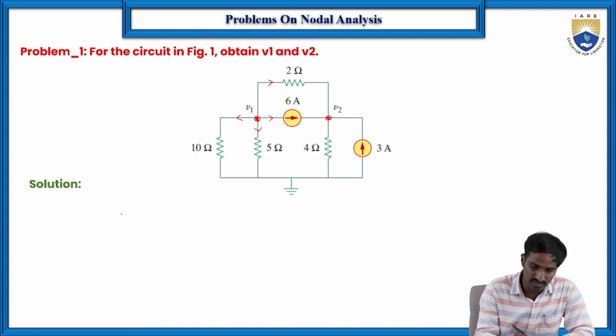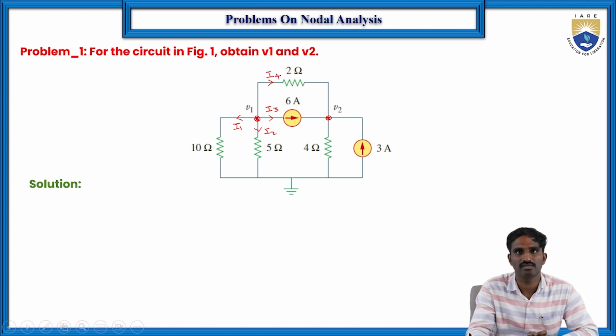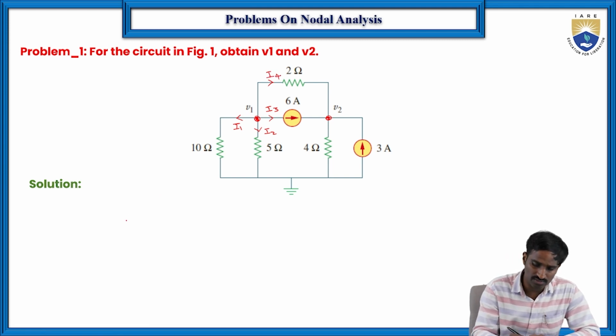For our simple understanding, let us call them I1, I2, I3 and I4. Then according to KCL, since all are leaving currents from that particular node, we can write I1 plus I2 plus I3 plus I4 is equal to 0.